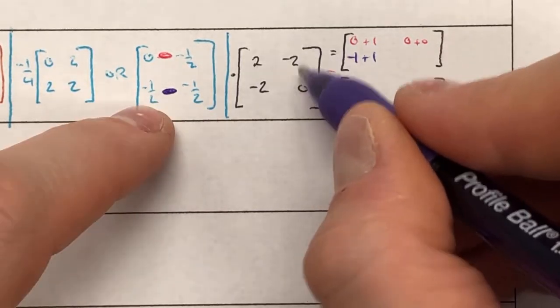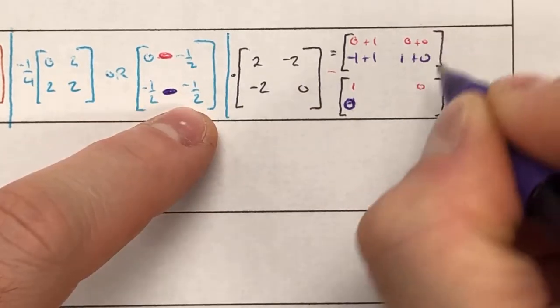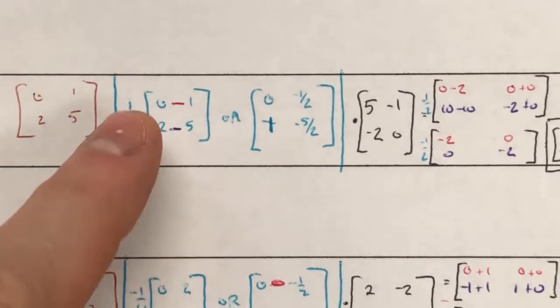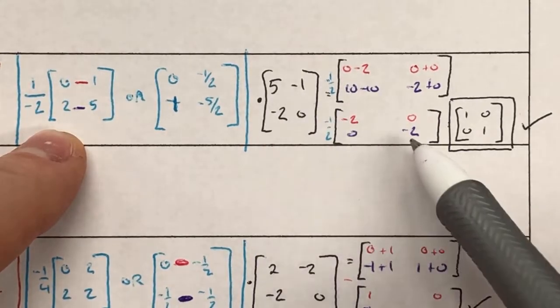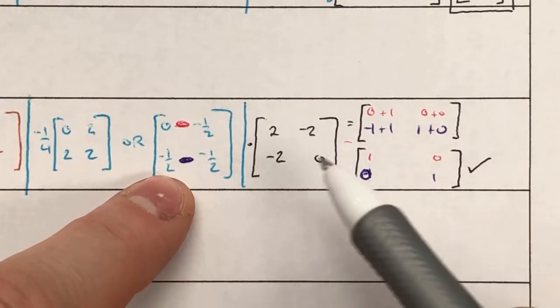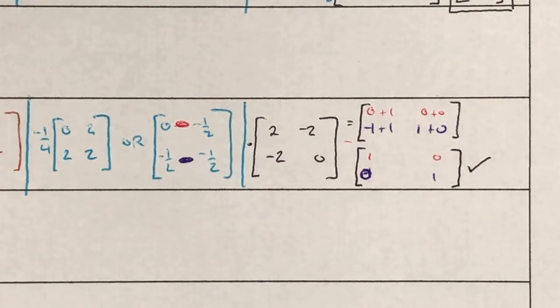Then we do the second column, so negative 1/2 of negative 2 is 1, plus 0, which is 1. So we see that no matter if we did what we did previously, where we took the non-scaled version and multiplied it, which took 3 steps, or if we use the scaled version, which just took 2 steps, they both work out to be the same thing. So it's really a matter of personal preference.